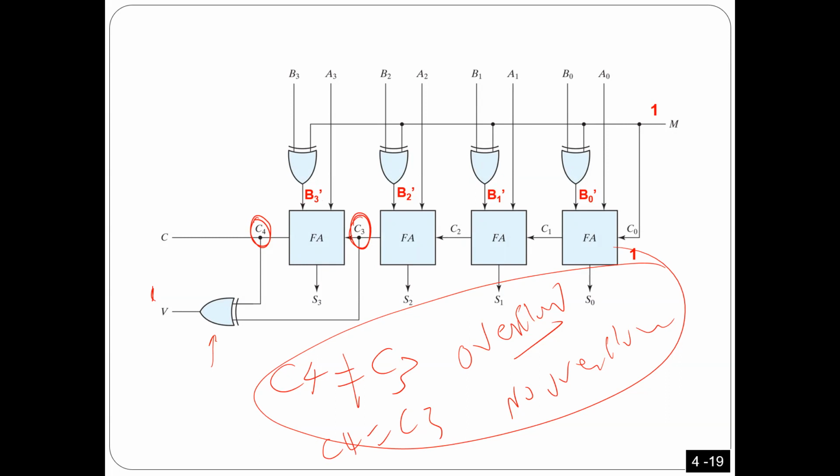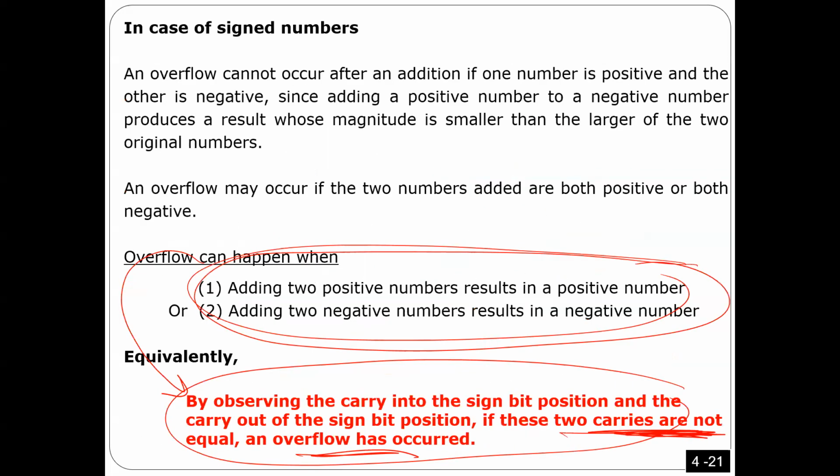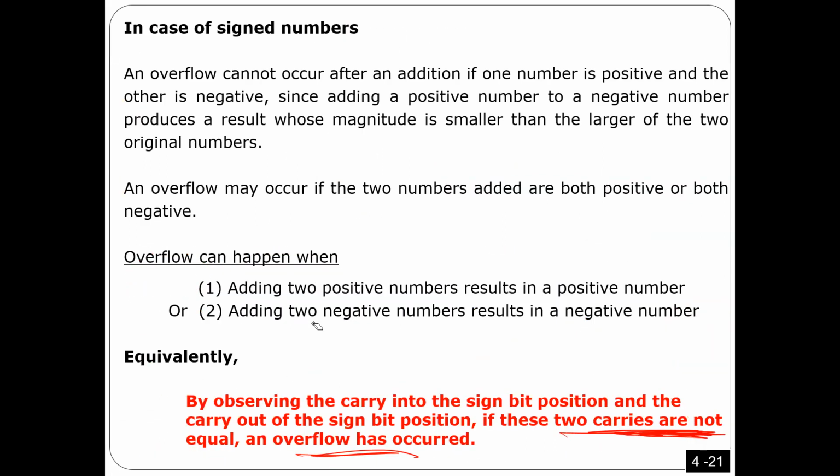The last thing I want to explain, and then we are going to start the test: wait a second. In chapter 1, I told you when you add 2 positive numbers and get a negative number, that's overflow, and if you add 2 negative numbers and get a positive number, this is an overflow. And in this chapter, you are telling us these 2 rules are equivalent to this one.